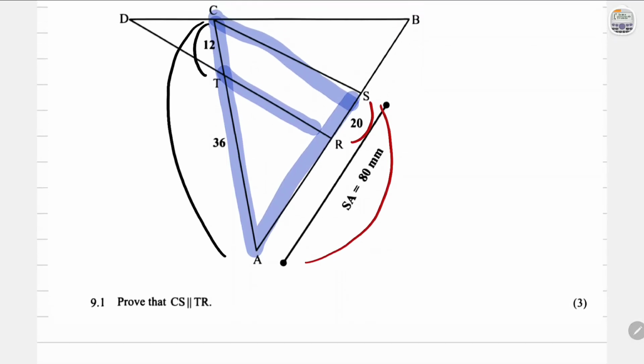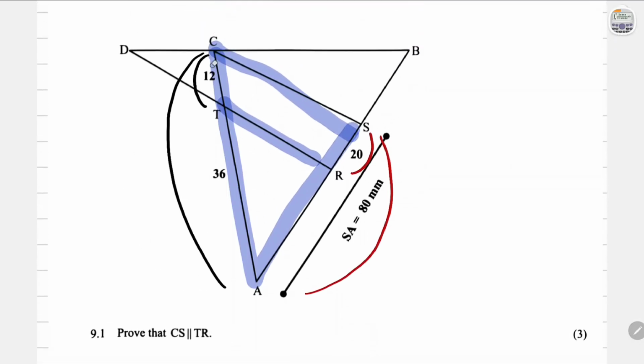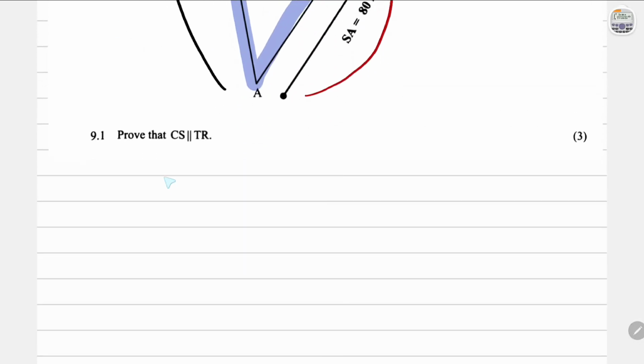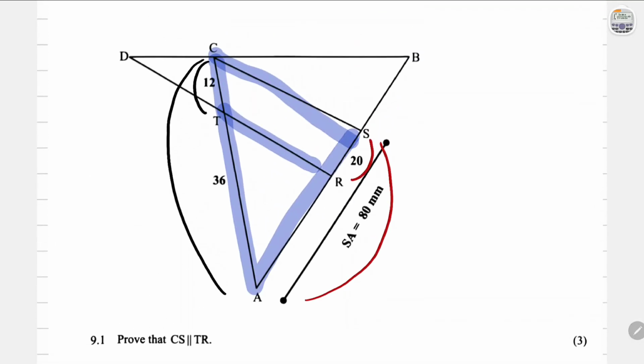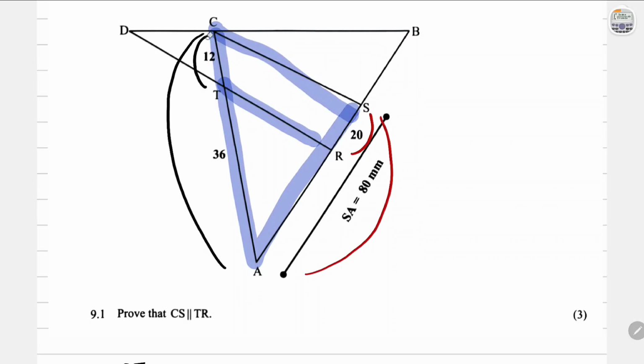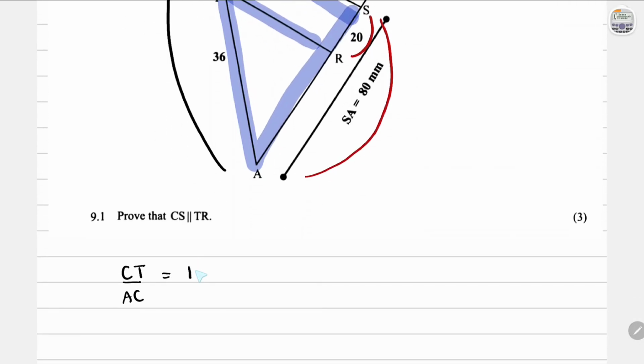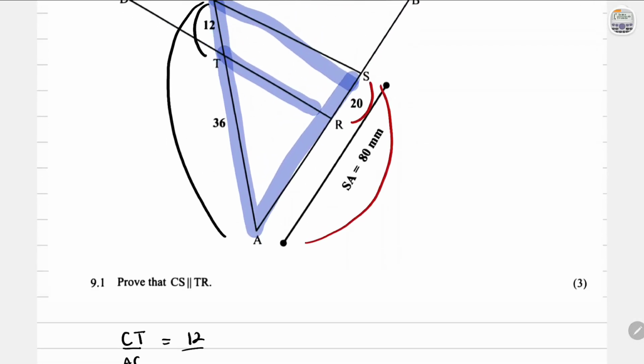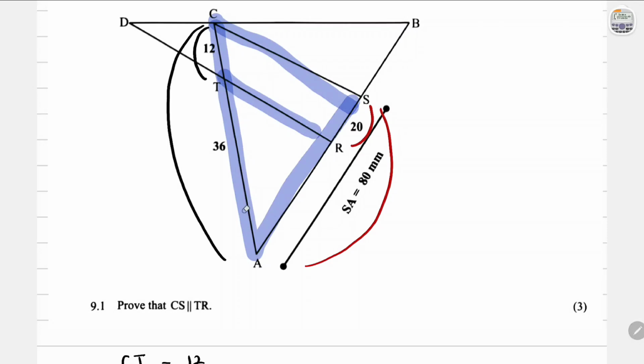So we'll take them individually. Let's start here. I'm taking CT over CA, or let me just call it AC, of course, in alphabetical order. So that is CT over AC, and we're going to find out what that simplifies to. That is 12 over the full length, so 12 over 12 plus 36.